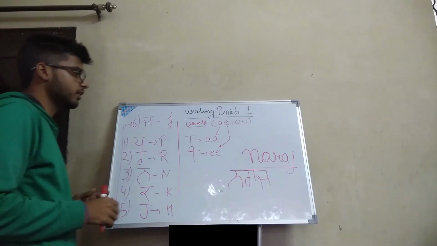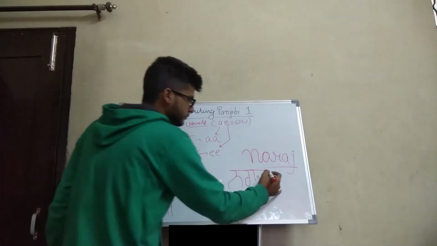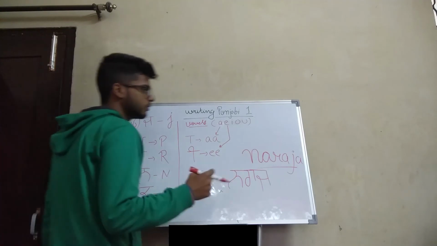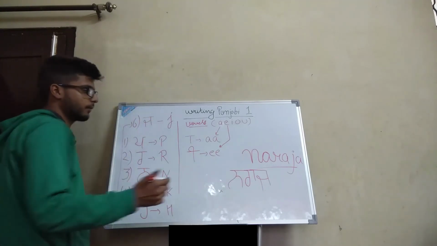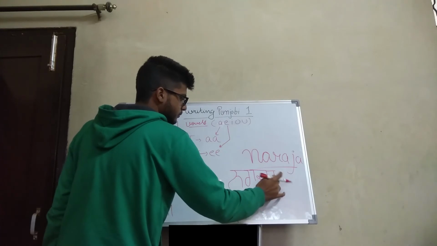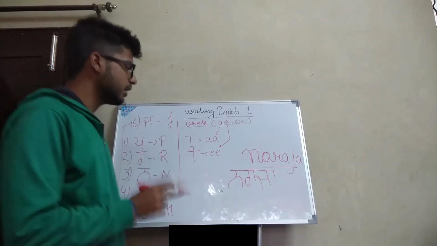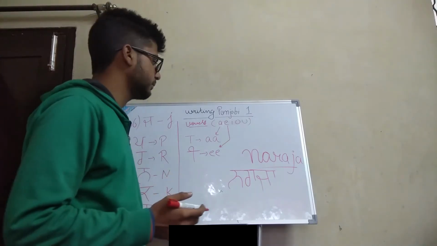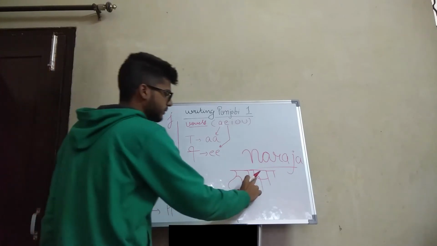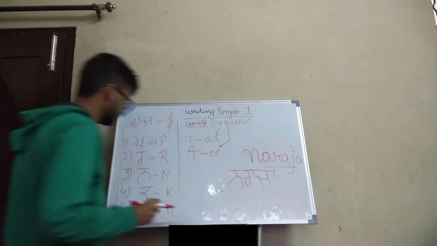So if I want to make it naraja, I need to add a here, or you can say the A sound. This is naraja. Naraj means to be angry with someone, and naraja doesn't mean anything. It's a random word made by me, just to explain to you.